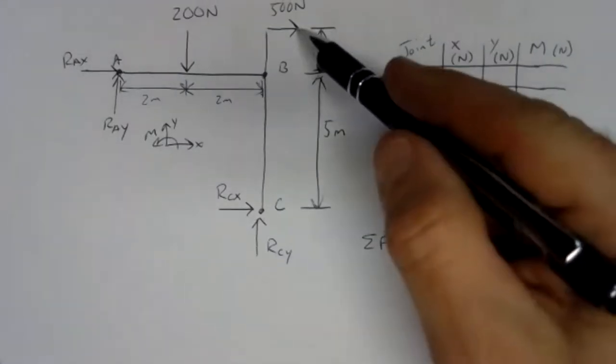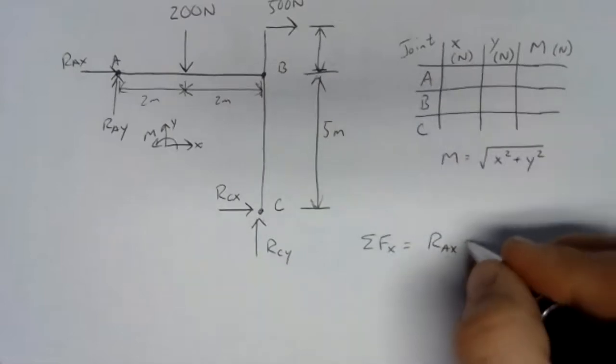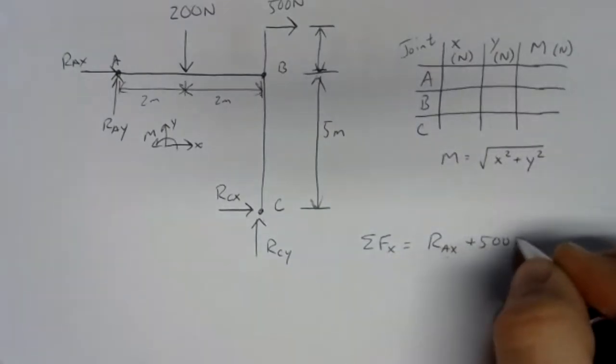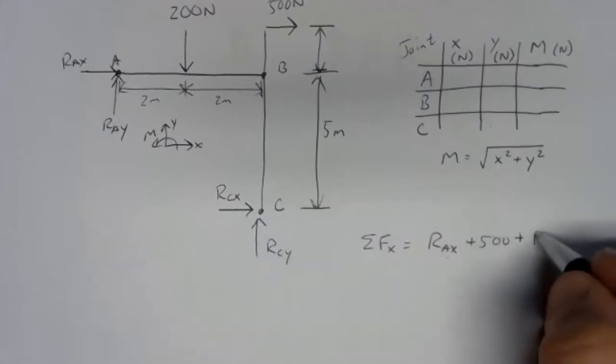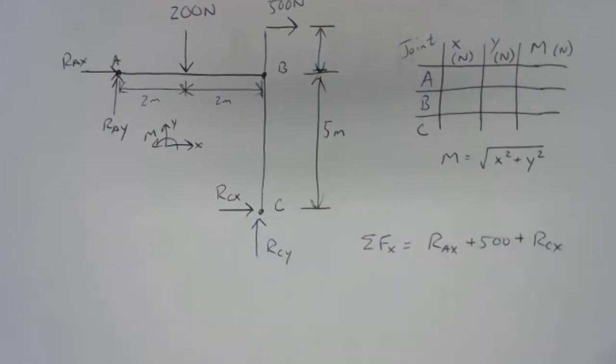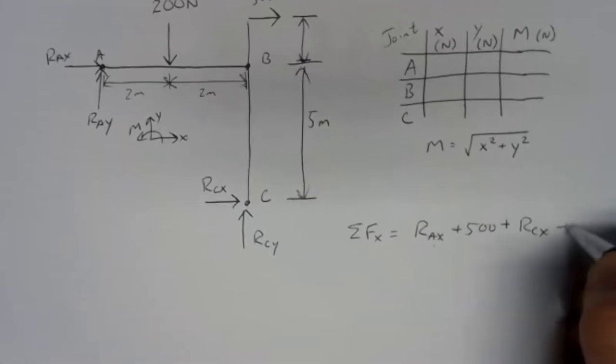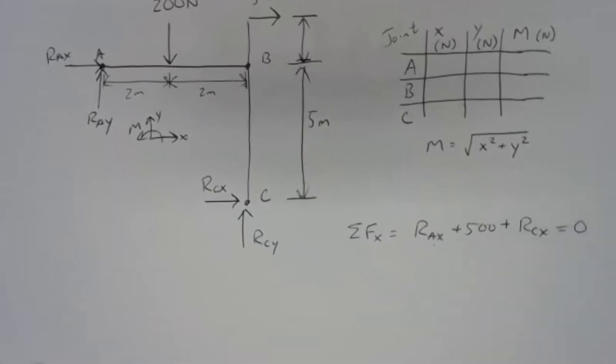We've got this 500 Newton force to the right, so that's also positive. And then we've got RCX, which is also to the right. So that's positive. No other forces that I can see in the x direction, so that sum will be equal to 0.